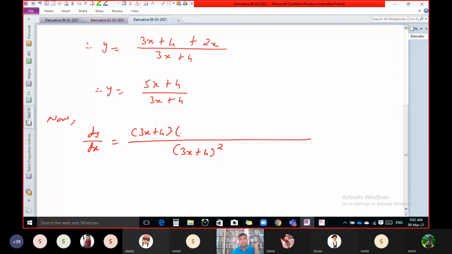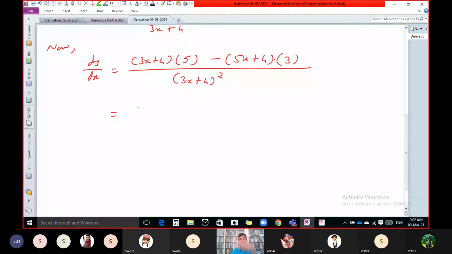What is the derivative of 5x plus 4? 5. Then which sign do we have to write, plus or minus? Minus. Correct. Then 5x plus 4 as it is into the derivative of the denominator, 3. Correct.